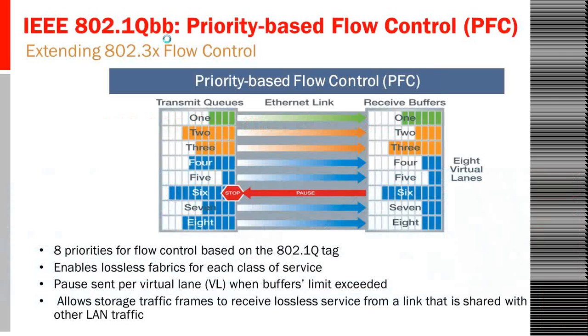It was always previously port-based, though. So where you can see we've got a single link represented here with multiple queues, like you'd be used to with the 802.1Q or .p priority standard, part of the same standard actually. You may have tried to use class of service with different types of traffic across each of those 8 lanes, but the flow control could only operate on the whole port.